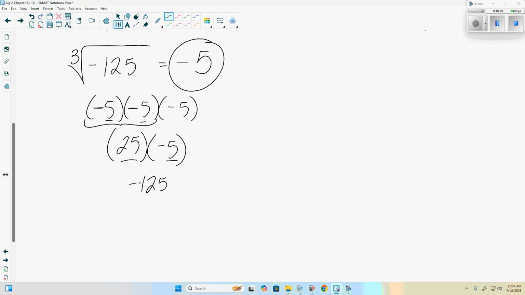But our positive times a negative makes it back negative. Does that make sense? So it is a real root. It works because we multiplied by a negative once, twice, 3 times. The second makes it positive. The third makes it back negative. Does that make sense?